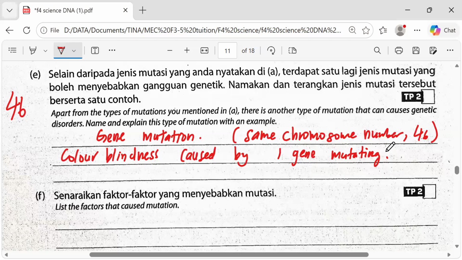How did Spider-Man become Spider-Man? The spider was radioactive, so the person was exposed to radiation.